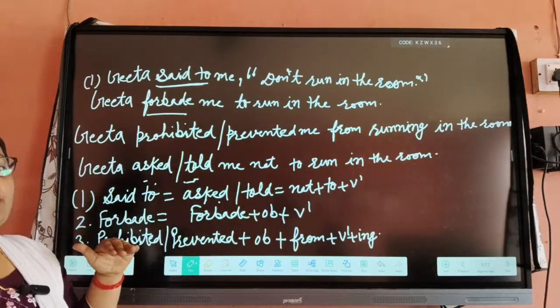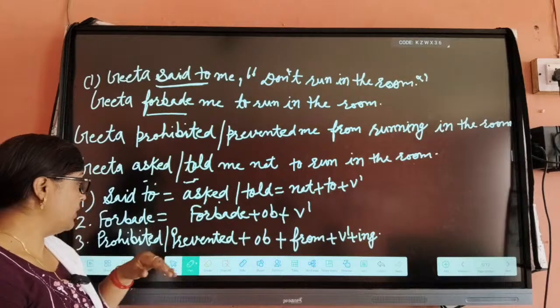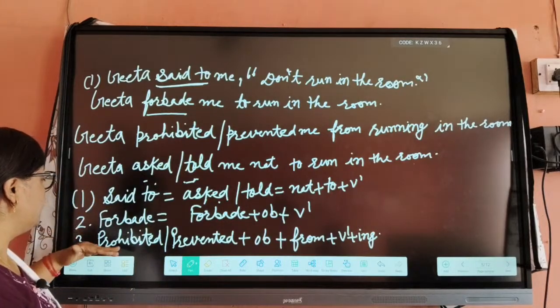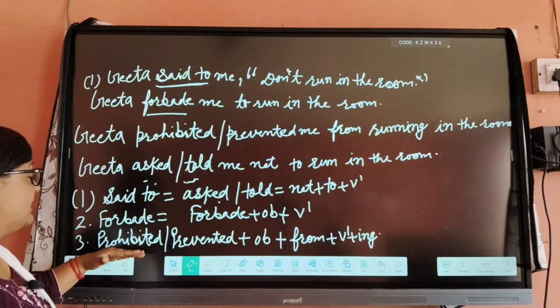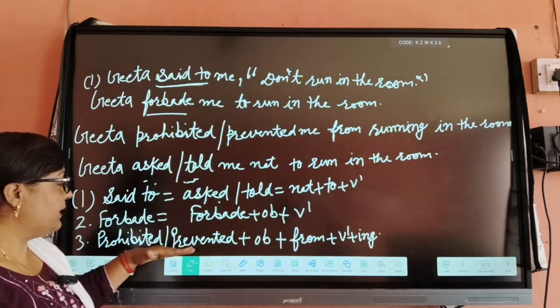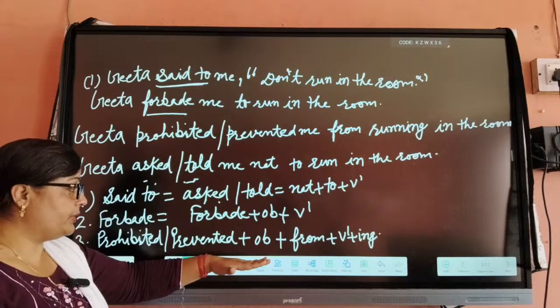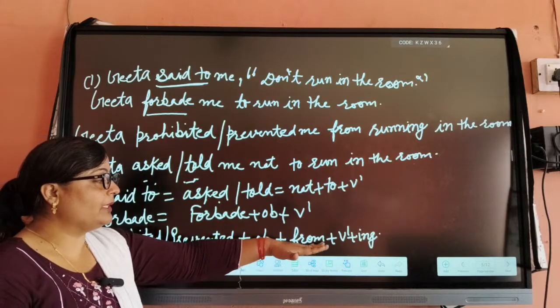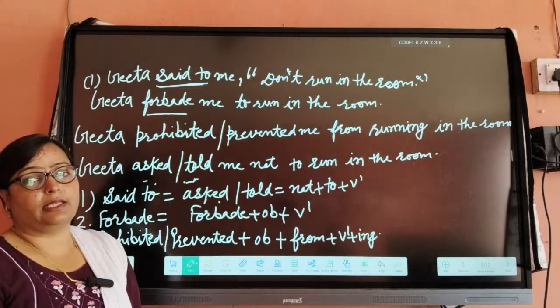With forbid, we will not use "not". And the third way is "prohibited" or "prevented": after these words we will use object plus from plus verb first form plus ing.